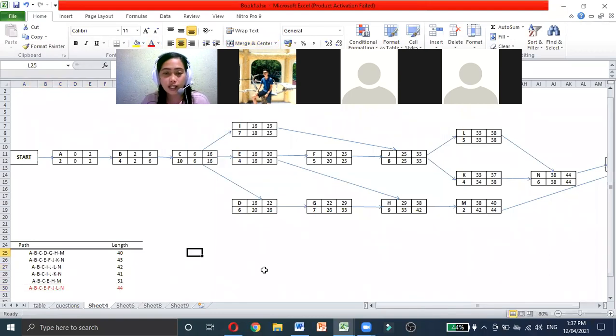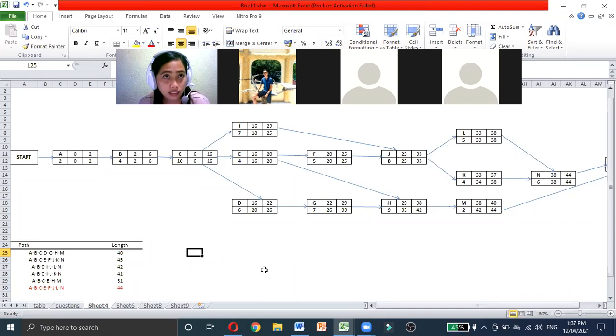Because, again, what is the critical path? It can't be delayed. The term is critical path.